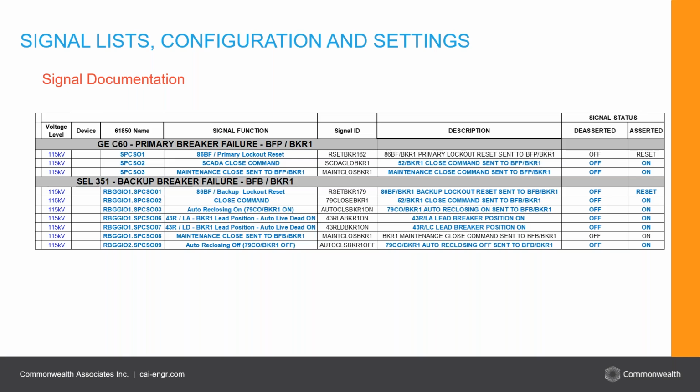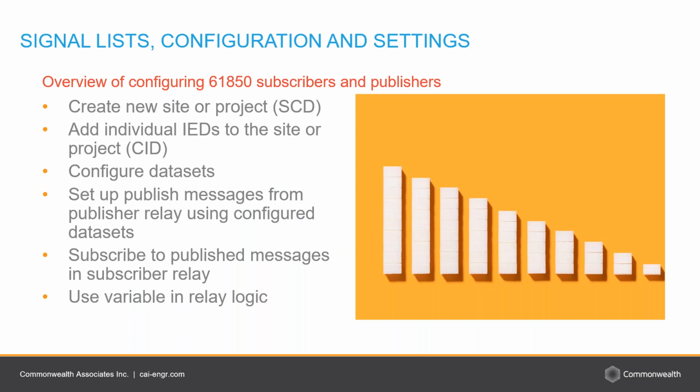Where is it coming from? What relay, the voltage level, if you would like to document that, what the signal is called, description, and what the status means. So Costa was talking about the data model a little bit earlier. This is another place where that can be documented, and this information can be used when the configuration and settings are happening, which we will get to next.